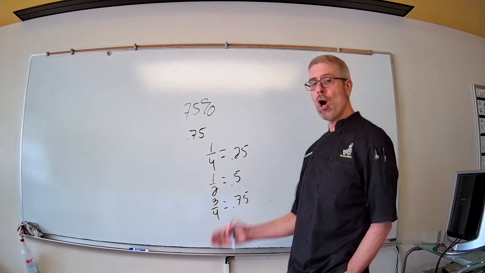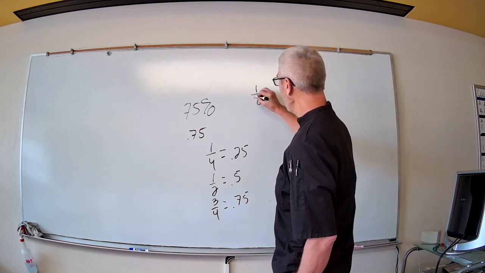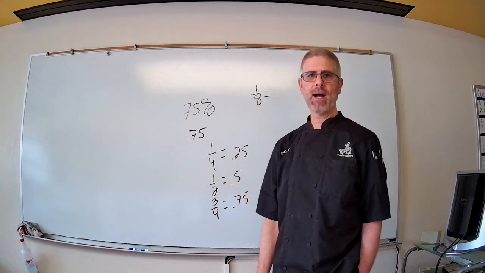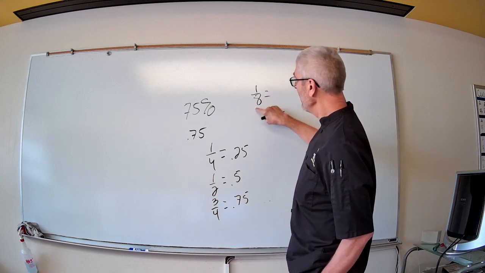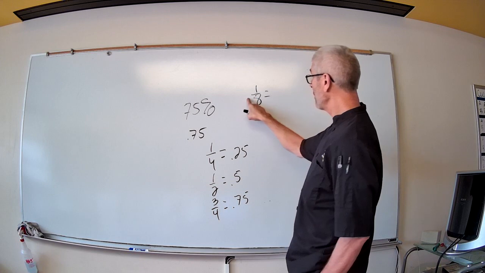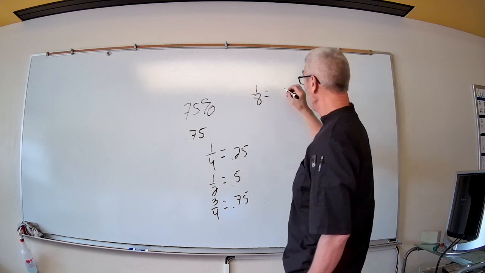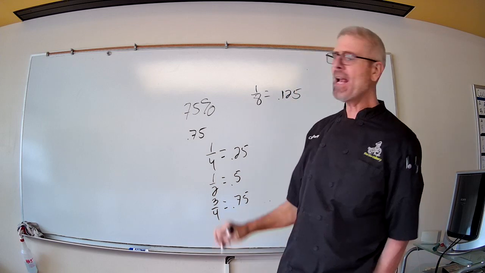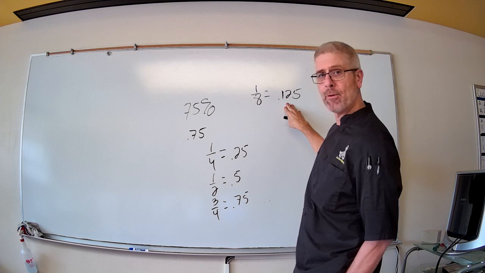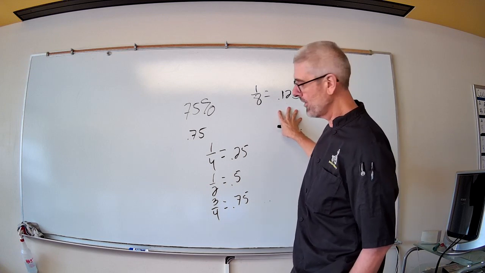Now, let's say, what's 1/8? Not a lot of people know what 1/8 is, right? So if we took the denominator and divided it into the numerator, let's do this operation, PEMDAS, right? Operation, 8 into 1, we would get 0.125. So you definitely have to know how to convert fractions to decimal form. That allows us to do our calculations a lot easier.